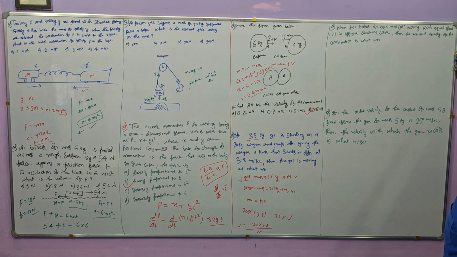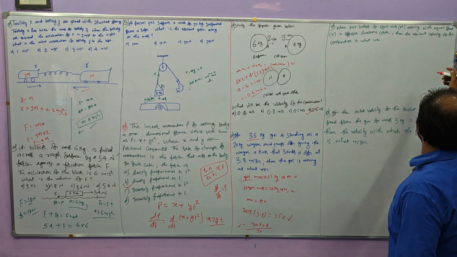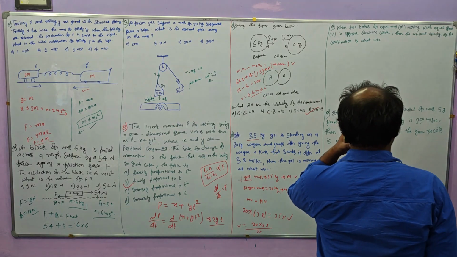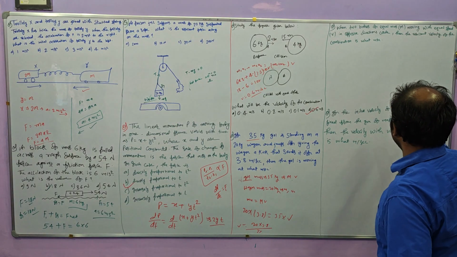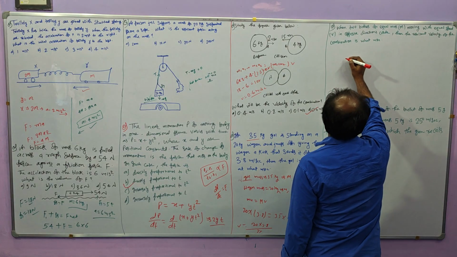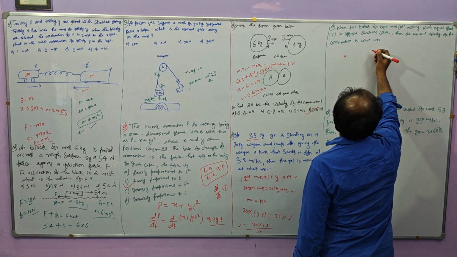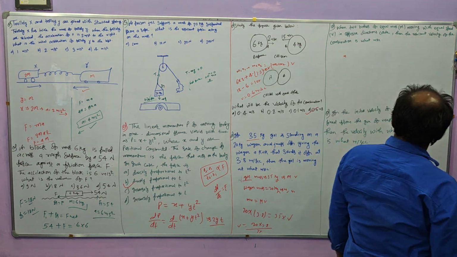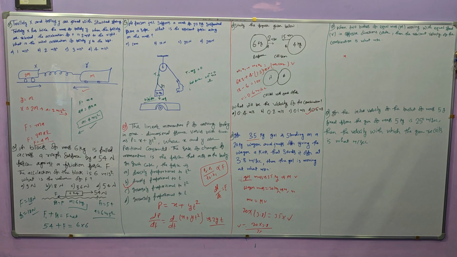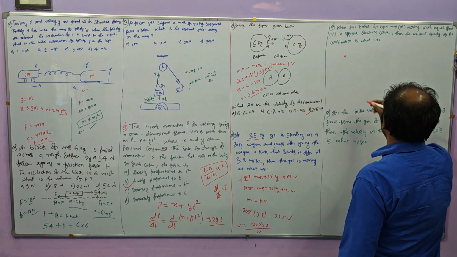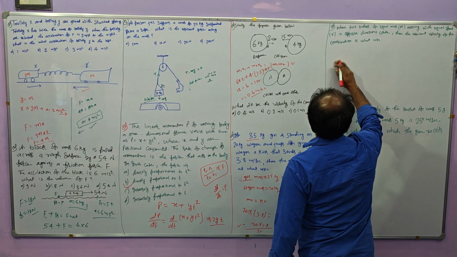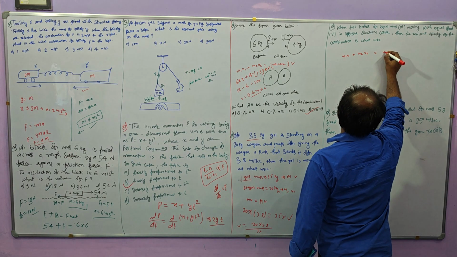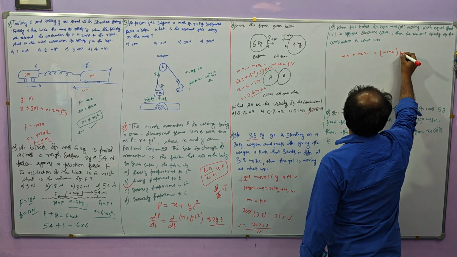When two bodies of equal mass and equal speed v are moving in opposite directions and collide, what is the resultant velocity of the combination in meter per second? m1 u1 plus m2 u2 is equal to m1 plus m2 into v.